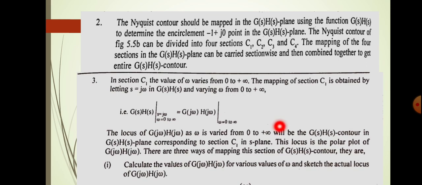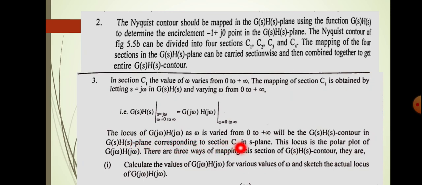So this plot or this mapping, we can say that this contour that is obtained in the g of s into h of s plane is a polar plot of g of j omega and h of j omega. So we are mapping the Nyquist contour in the S plane to the Nyquist contour in the g of s into h of s plane. When we get that plot, we can say that this locus is the polar plot of g of j omega and h of j omega.